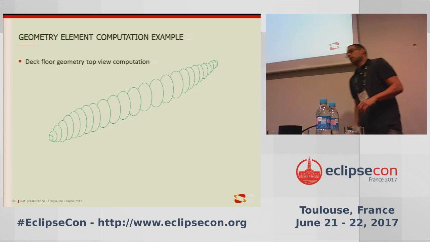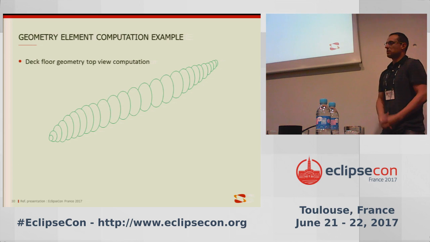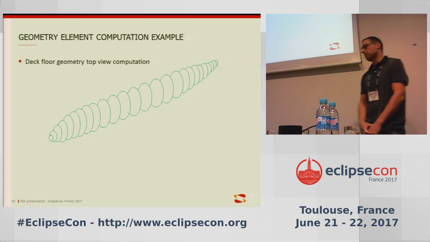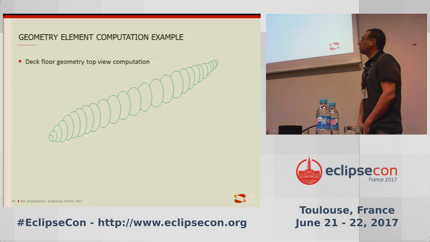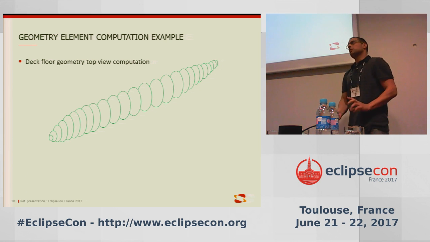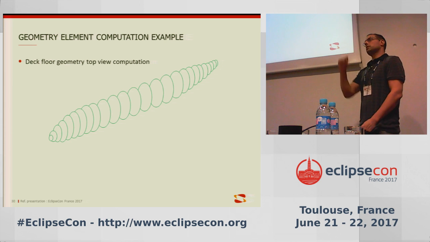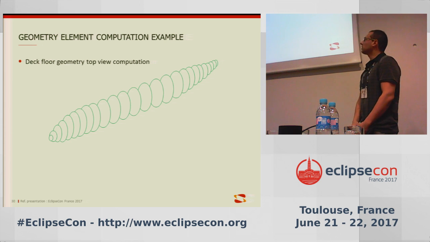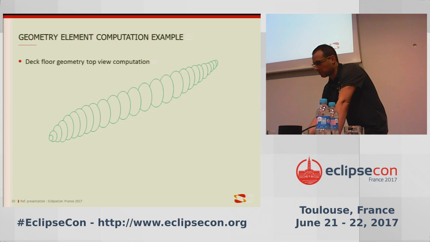So now, as we have our fuselage geometry defined, we can calculate, for example, a deck floor. In fact, the user just defines the height of the floor in the aircraft, and afterwards the software calculates the geometry of the floor. How do we do that?